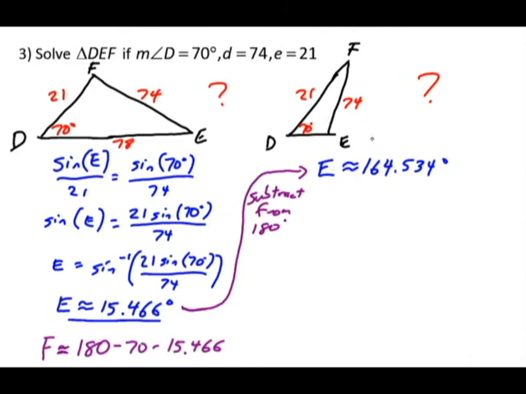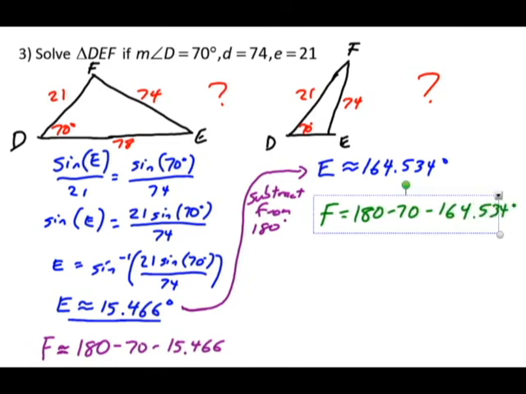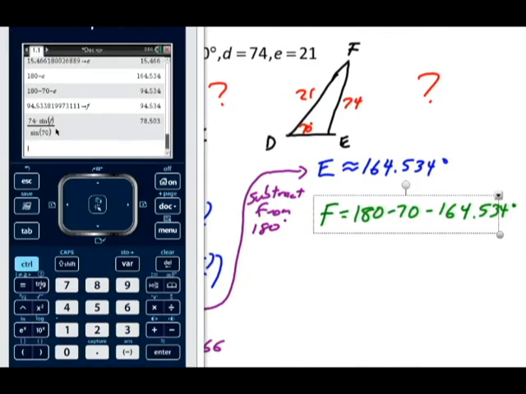We already got the alternate angle E, the obtuse version of angle E, by subtracting from 180. So let's finish the triangle. Let's get angle F. That's going to be 180 minus the other two. Hold on a second. Something seems wrong.